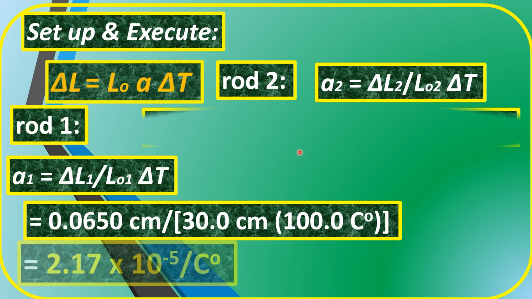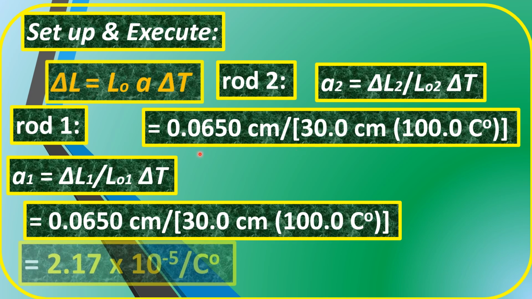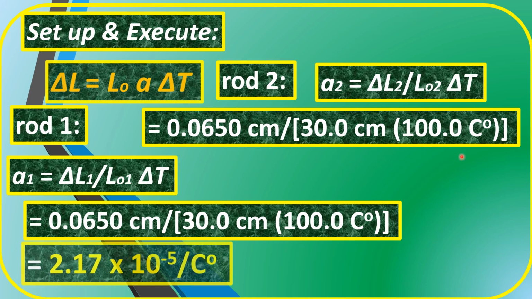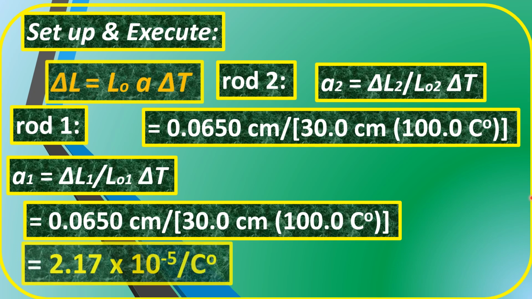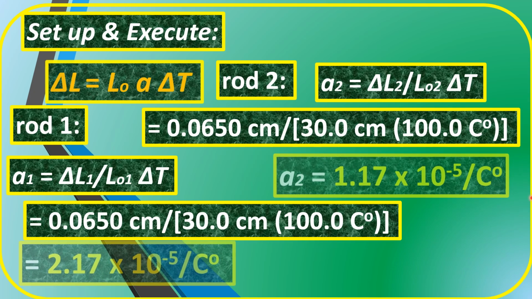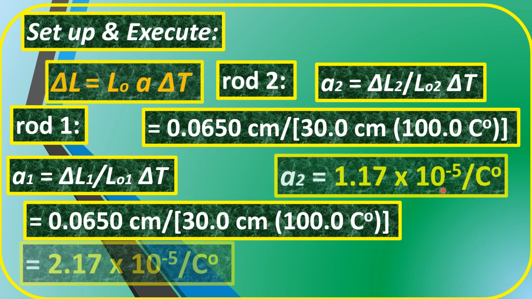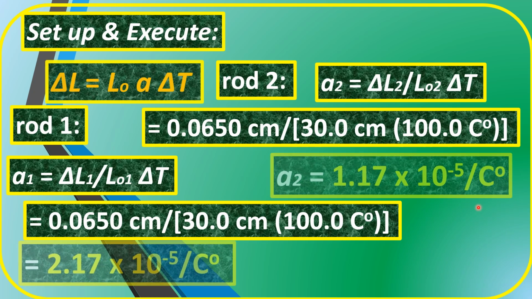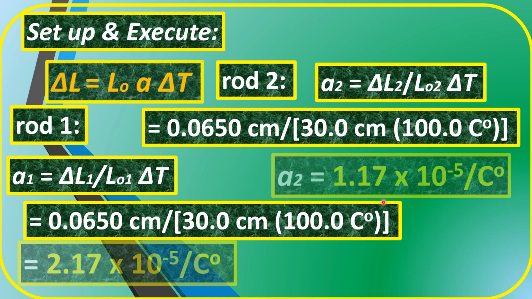So, substituting the given values, we get alpha 2 equal to 0.0650 centimeters divided by the product of 30.0 centimeters and 100.0 Celsius degree. Doing our math again, we get the value of alpha 2 equal to 1.17 raised to the negative 5 per Celsius degree.